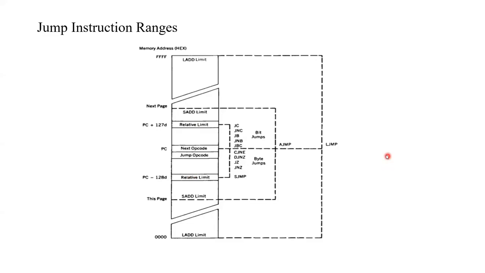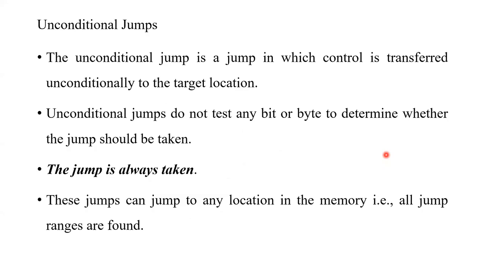Now we'll study the different jump instructions. As I mentioned in the content, the first we'll study is unconditional jumps. What do you mean by unconditional jump instructions? The unconditional jump is a jump in which control is transferred unconditionally to the target location.